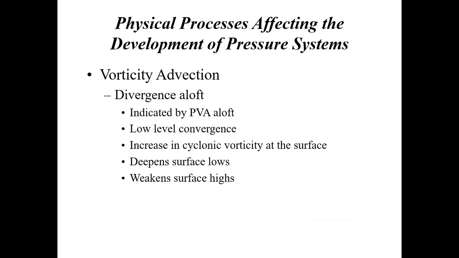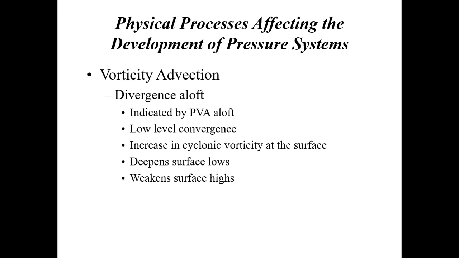All right, now in addition to temperature or thermal advection, when we talk about mid-latitude systems on the synoptic scale, we also have to talk about vorticity advection. I've explained it a little bit in my weather videos during the winter months, especially because these lobes of vorticity are stronger in the wintertime than they are in the summer.